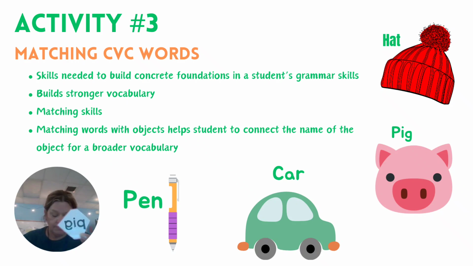And then we want to put what a pig looks like with it. So we would lay two pictures down. And for this one, I have a pig and some jam. And we would ask them at this time to repeat the word with us and then find the picture that matches it. So that's just one way that we would play this game, the CVC word game.